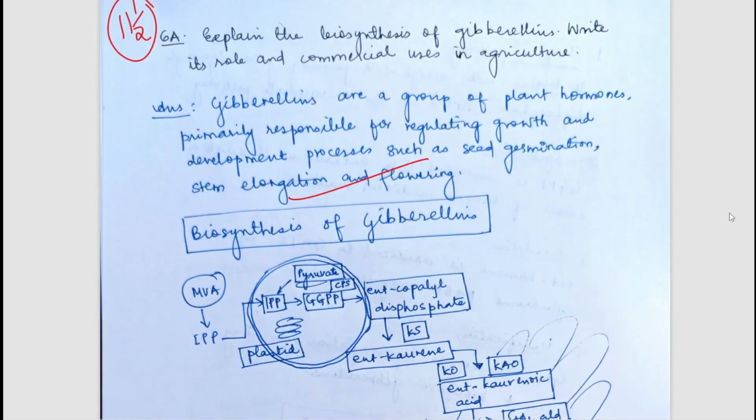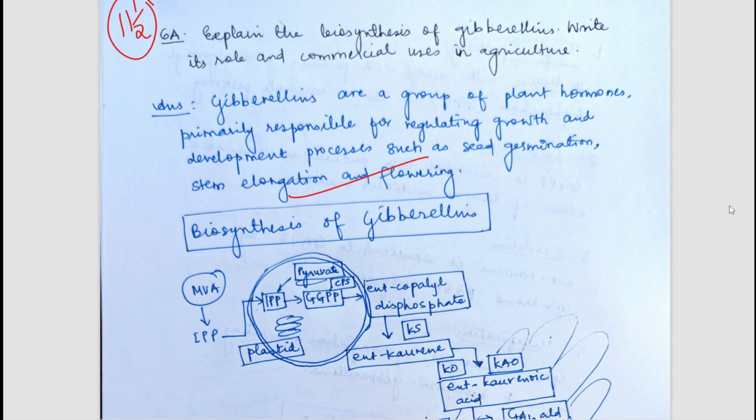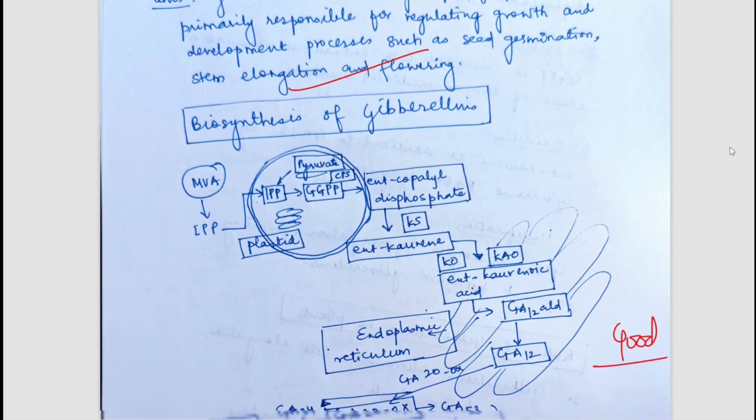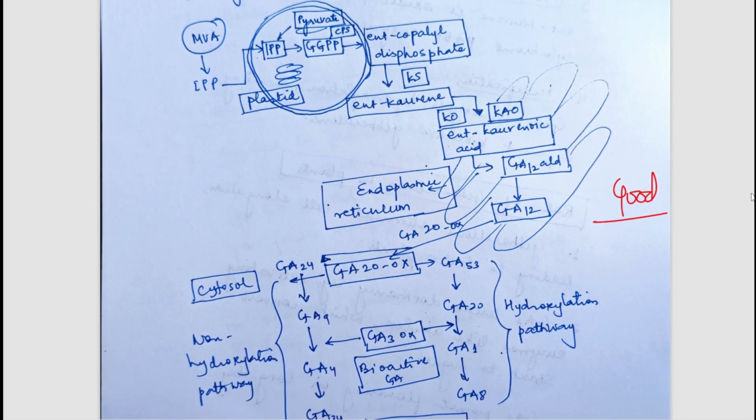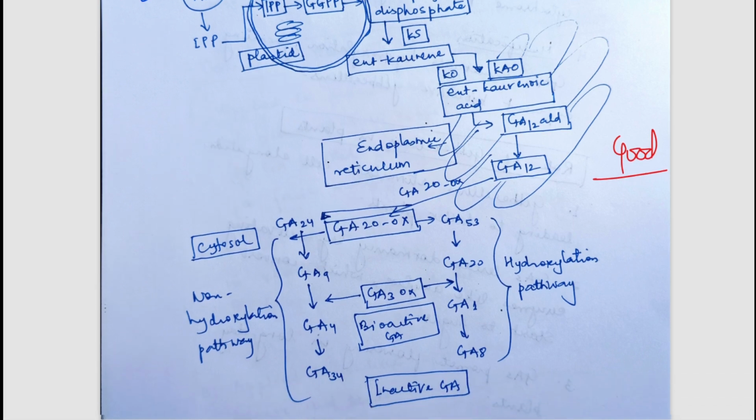The next question is, explain the biosynthesis of gibberellins and write its role in commercial usage in agriculture. So you can see how beautifully the biosynthesis of gibberellin has been described using the diagram, and I think you should refer to the PDFs because you will be able to give more time and note down these diagrams. That can be very helpful.